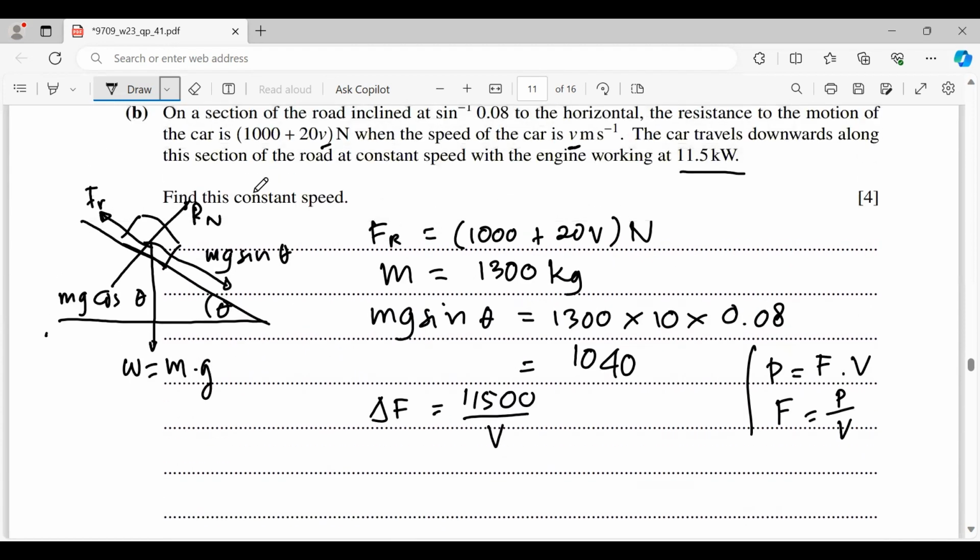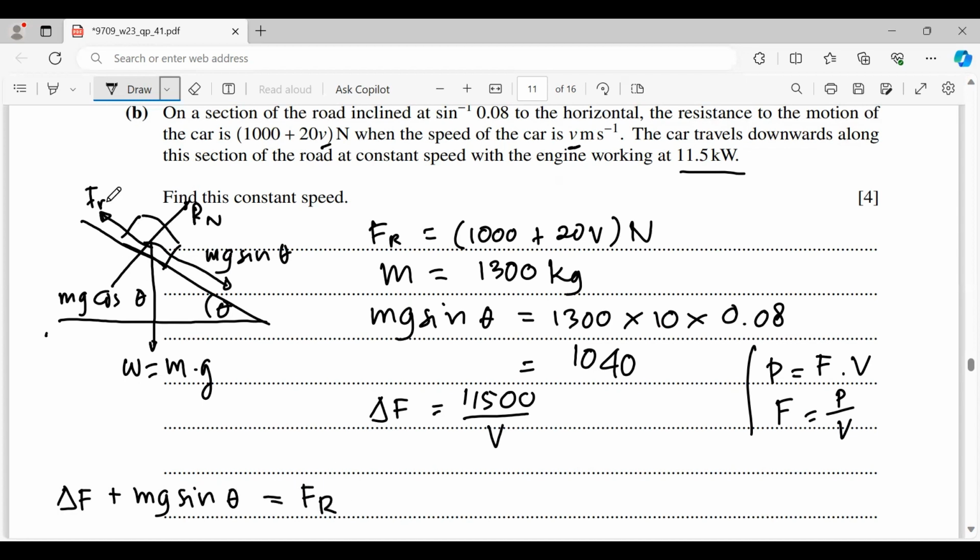Now look, all the forces acting on this car: delta F plus mg sine theta equals Fr.